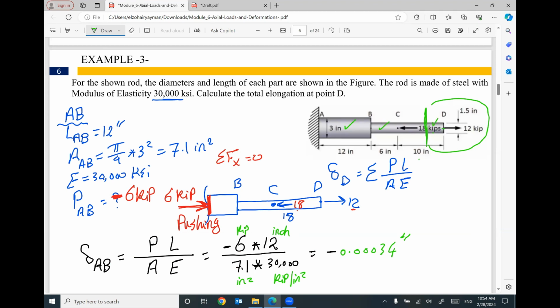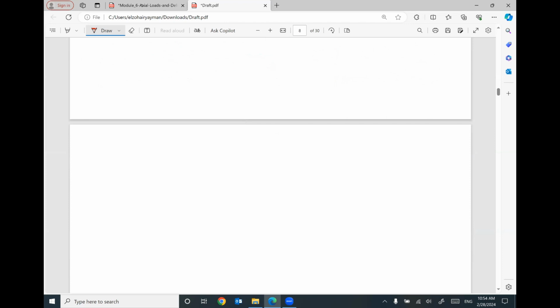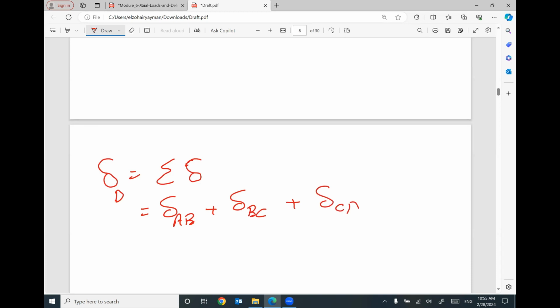If you would like to figure out what will happen at the end D, I have to add all of these changes together. So the change of length, the elongation or contraction, I don't know, at point D will be the summation of delta in each part. So it will be delta in part AB plus delta in part BC plus delta in part CD.